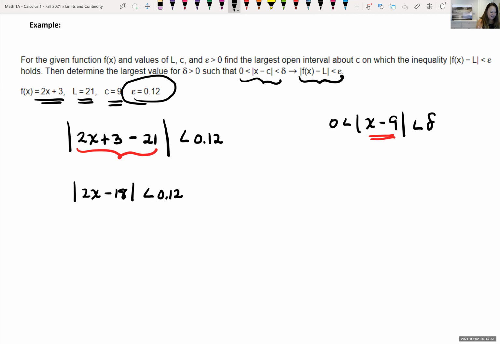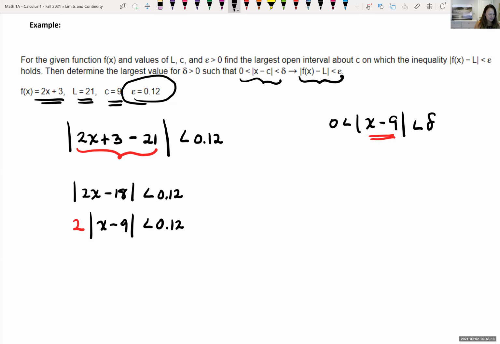Same kind of idea that I had done in the last one. I can pull out a 2 from 2x minus 18. Factoring out a 2, it's positive, so I can pull it outside the absolute value. So 2 times the absolute value of x minus 9 is less than 0.12.